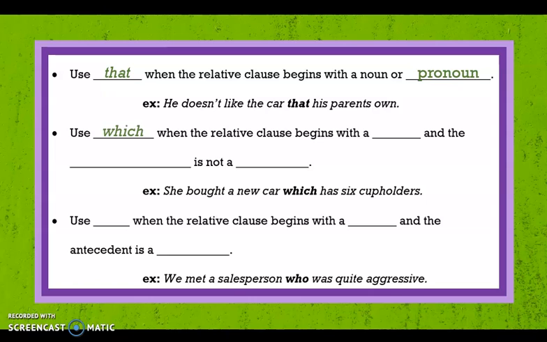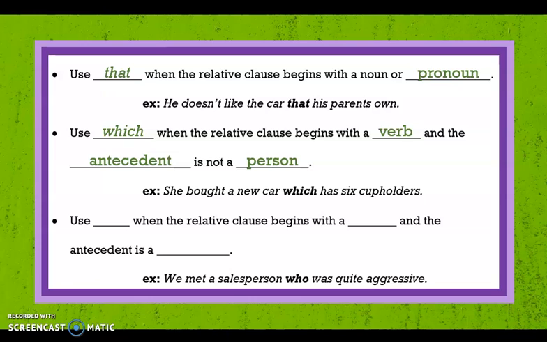Okay, you're going to use which when the relative clause begins with a verb, and the antecedent is not a person. Here's an example. She bought a new car which has 6 cup holders. Okay, our main clause is she bought a new car, and our relative clause is has 6 cup holders.